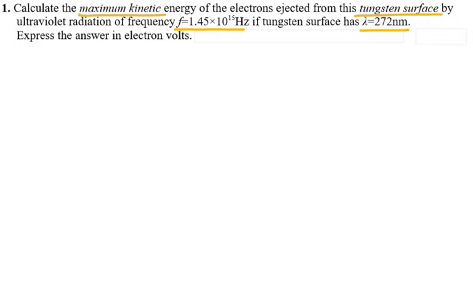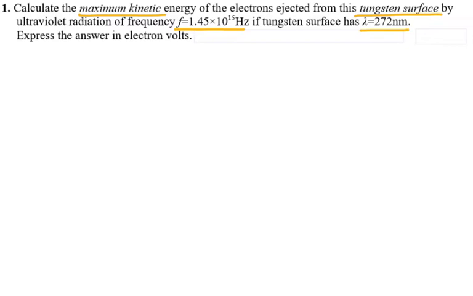If the tungsten surface has a wavelength of 272 nanometers, and when they say the tungsten surface has the wavelength, that means I can use this wavelength to find the energy needed to pull out the electrons from tungsten. So they ask for the maximum kinetic energy the electrons will have after they are ejected.